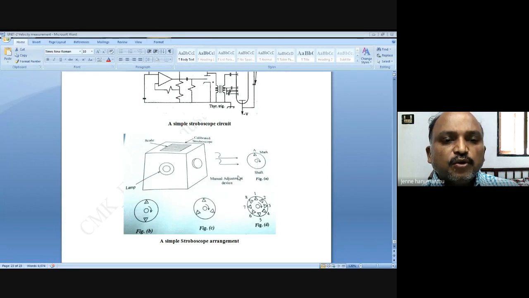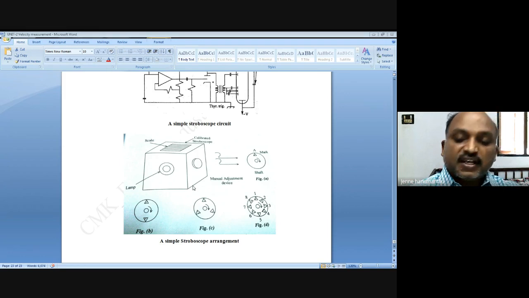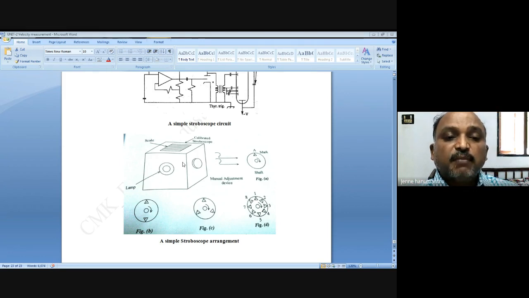Then you adjust the light frequency. There is one option, a variable button. You have to adjust the frequency of the light. When you adjust the frequency, the marking on the moving object looks stationary. Sometimes the marking on the body looks slowly varying or very slowly varying.